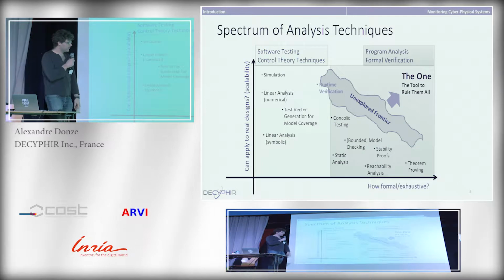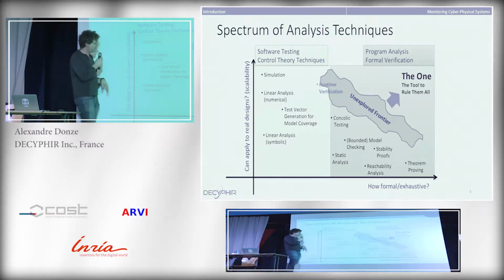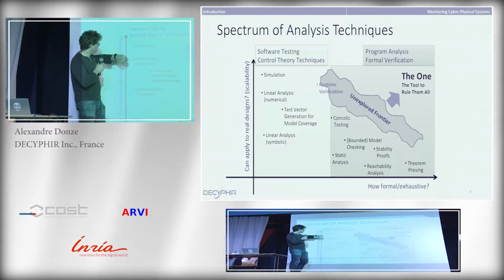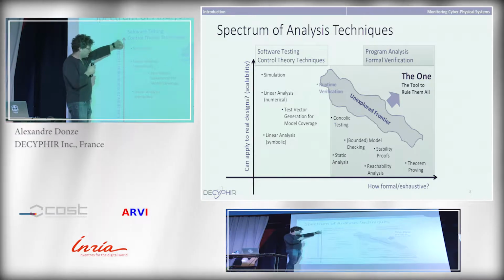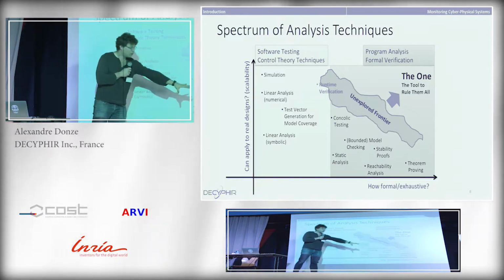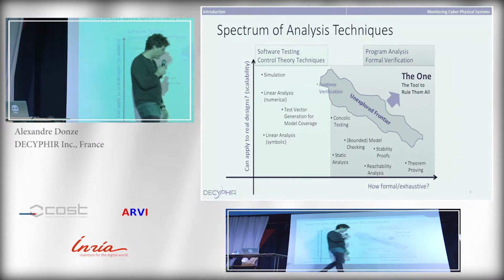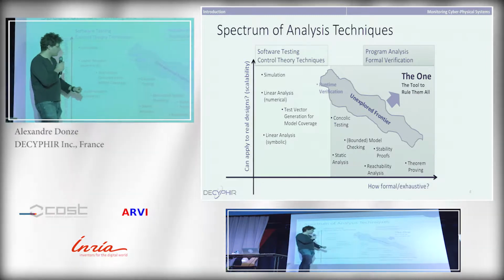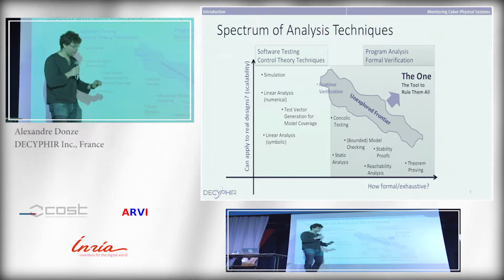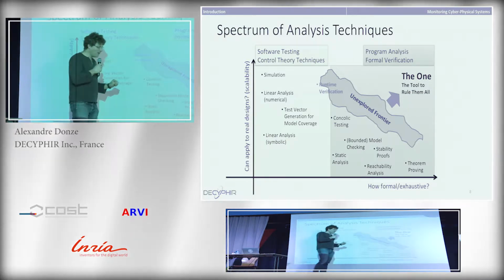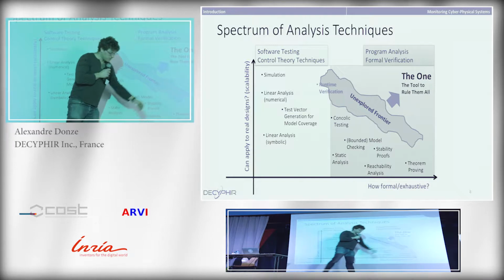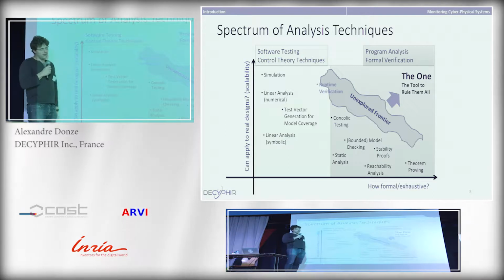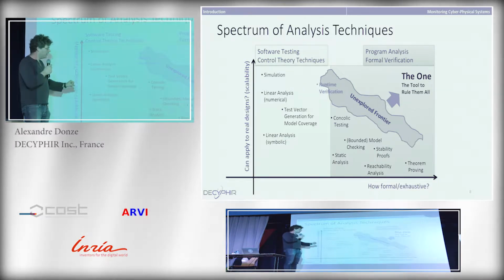This is a chart of the kind of analysis techniques that exist for CPS. On one axis, you have things that scale. On the other axis, you have things that prove, that is, exhaustiveness. At the bottom right, you have theorem proving, which means it's perfectly formal, and you're going to prove that everything is safe and so on. But it doesn't scale at all, it's for small properties. Here you just have simulation, just trying the thing and seeing if it worked or not.